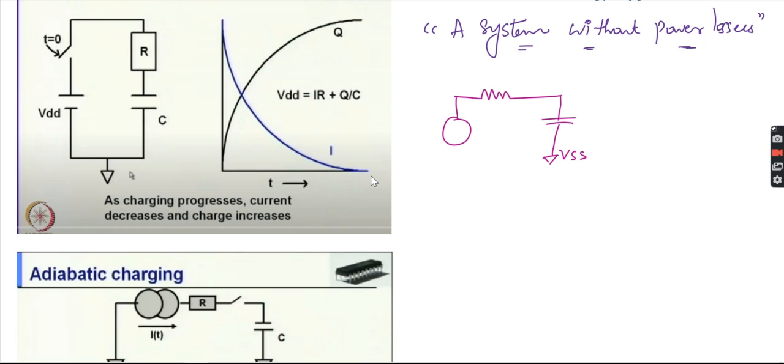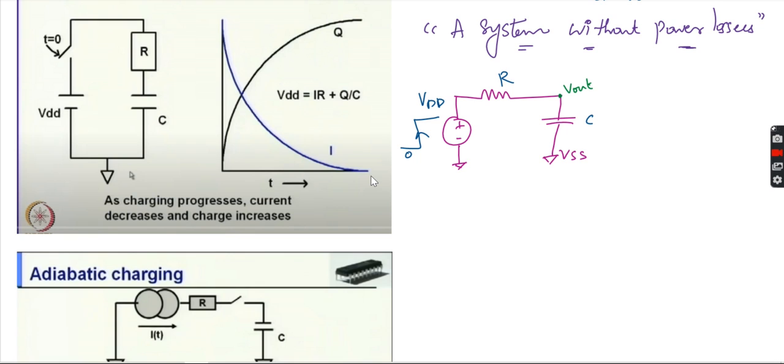Here we keep the supply voltage, plus and minus, applied on that side, going from 0 to VDD. I can say this will be your resistance, this will be CS, and we are going to take the output Vout here.